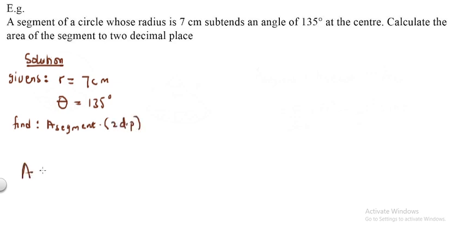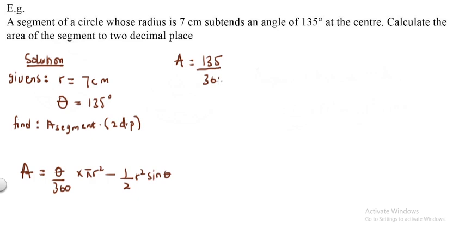We know that area of segment is equal to area of sector. Area of sector is theta over 360 times pi r square minus area of triangle, which is half r square sine theta. So if you plug everything in here, we know that area is equal to 135 over 360 times pi, which is 22 over 7, times 7 square minus 1 over 2 times 7 square times sine 135.